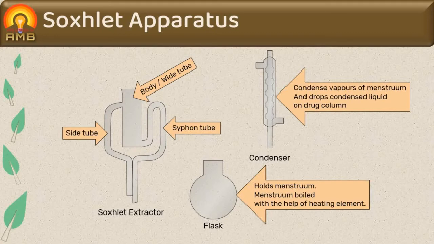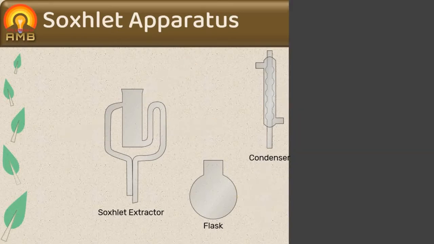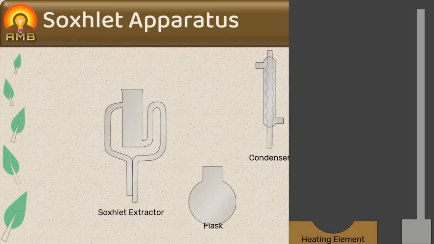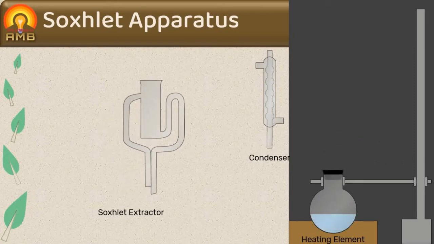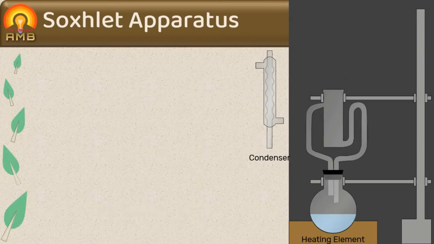Now let's discuss the procedure of continuous hot extraction process. Place the menstruum in the flask and fit the Soxhlet extractor on the flask.